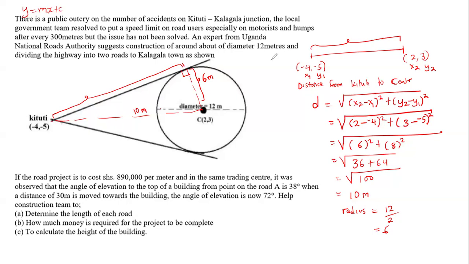From there, I expect you to say the required distance, or the length of each road, will equal the square root of 10 squared minus 6 squared, which will give you the root of 64, and this will give you 8 meters.